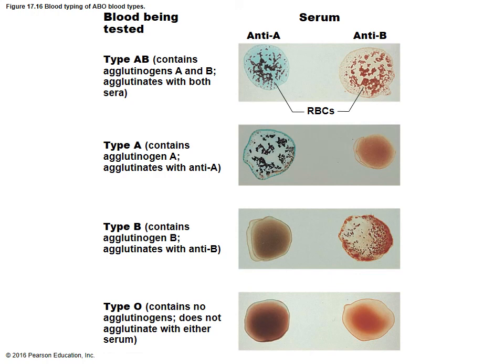Now remember, normally your blood is nice and fluid, and that's because the antigens or your agglutinogens are mismatched when it comes to your antibody, so they don't react. If you're blood type A, you have antibodies against B. If you're B, you have antibodies against A. If you're O, you have antibodies against both A and B. And if you're AB, you're very social, so you don't need any antibodies.